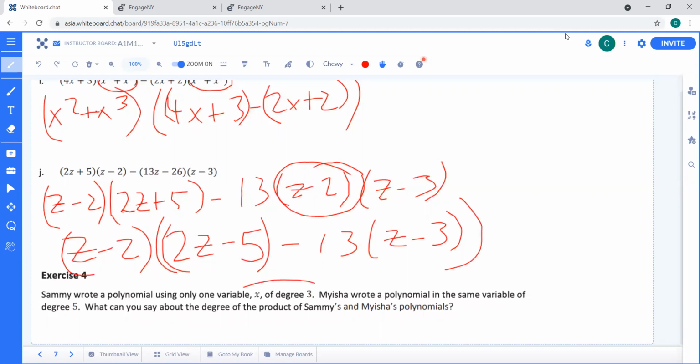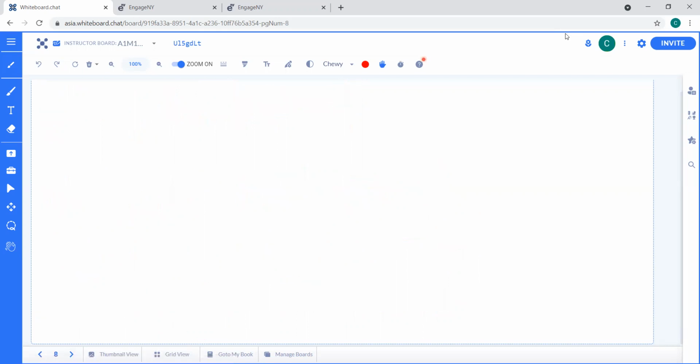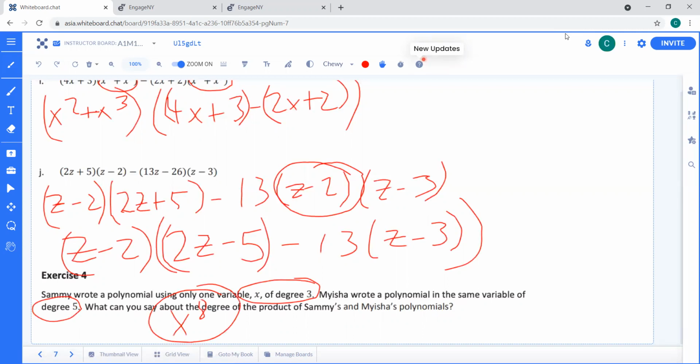Since we're multiplying, we have x to the 3rd and x to the 5th. Whenever you multiply those, you should have x to the 8th as the degree of the polynomial. And that looks like that is it for your classwork, which is now going to be your homework.